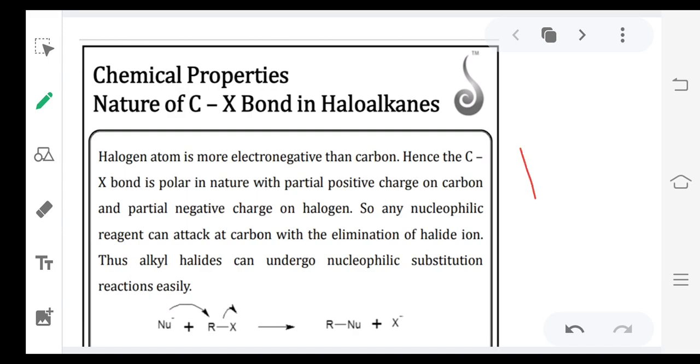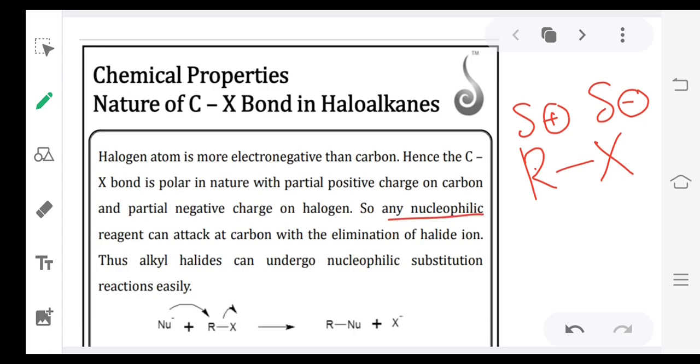Suppose you take an R-X bond. The halogen is more electronegative, that's why there is a negative charge here, so on carbon there is a positive charge. So any nucleophile can attack at carbon with elimination of the halide ion.